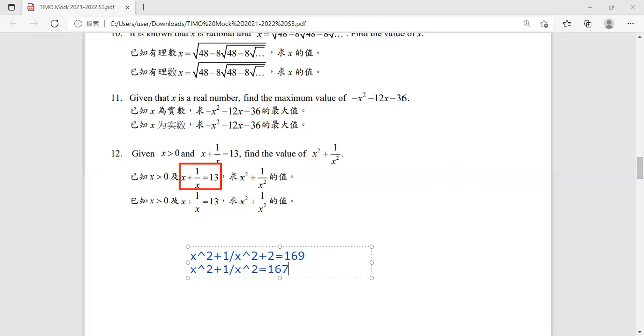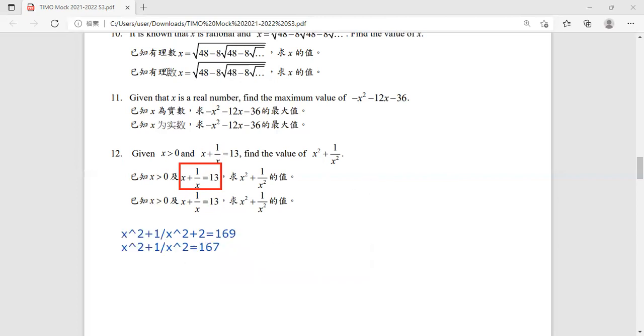Too easy for you. The method is the same, you just square it. If I change this one to x cubed plus 1 over x cubed, that will be better for more secondary students.